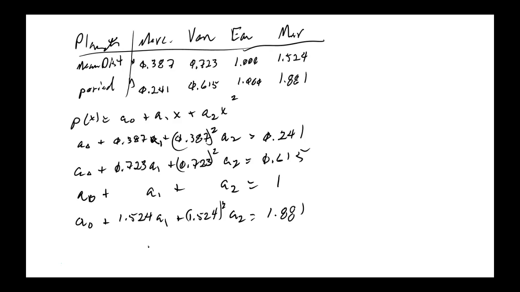Oh, I'm sorry. What they're saying to do, I didn't read it carefully, is use the first 3 to come up with the 3 variables, and then plug it in and see if it works for Mars. So that's what their deal was.